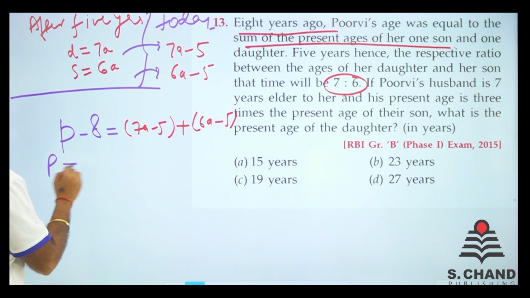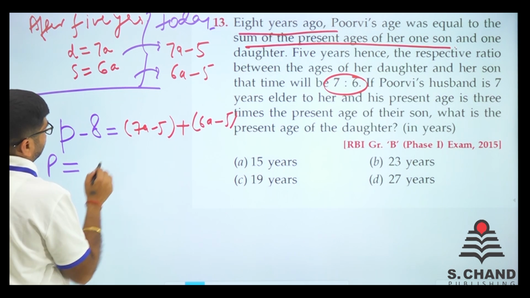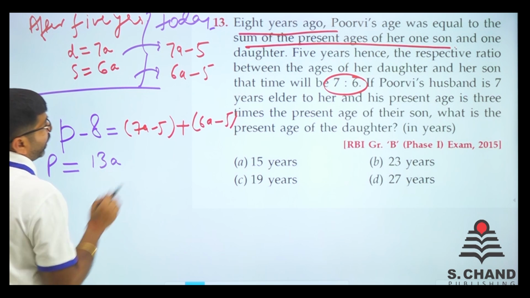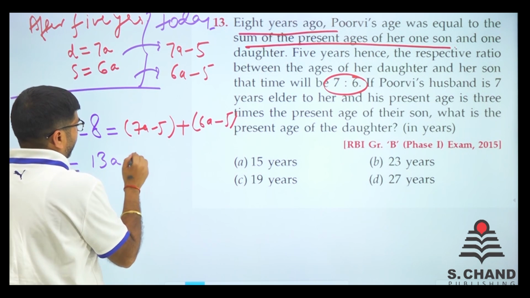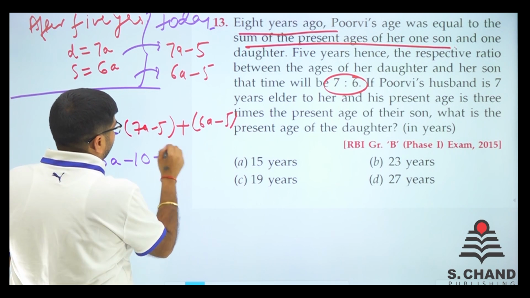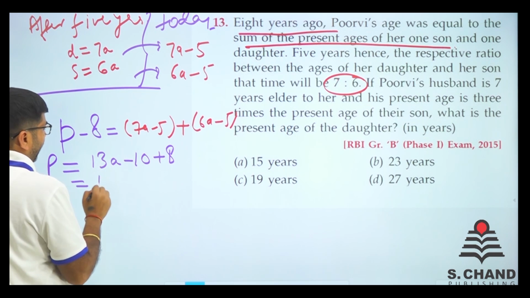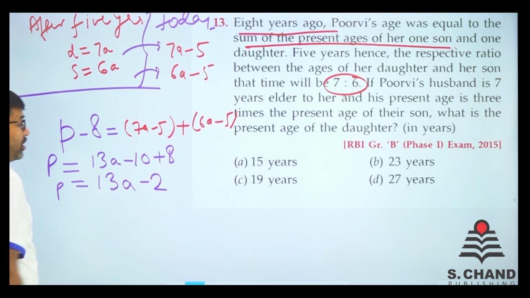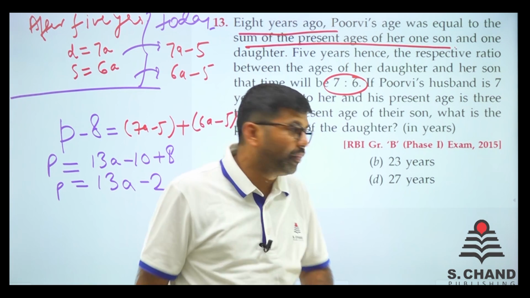So from this, P is equal to what? 7a plus 6a, 7 and 6 becomes 13a. Minus 5 minus 5 becomes minus 10, and minus 8 goes here becomes plus 8, right? So finally 13a minus 2 is Purvi's age. Okay.